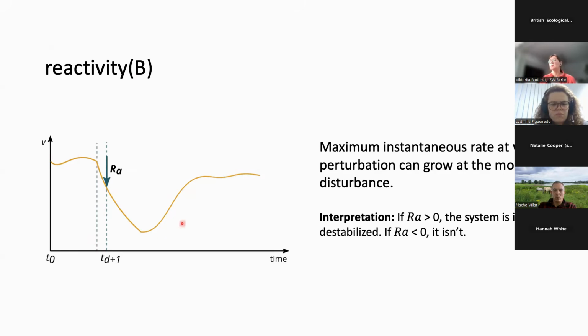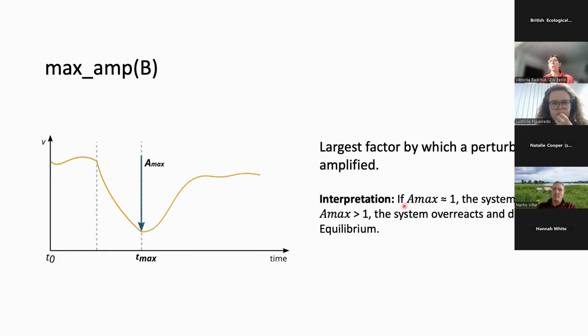But of course, what we are measuring actually is the response of the community that consists of multiple species, and this multivariate structure of the community is captured by the interaction matrix B. So how do we interpret reactivity? If it's more than 0, then the system is destabilized, and if it's less than 0, it is not.